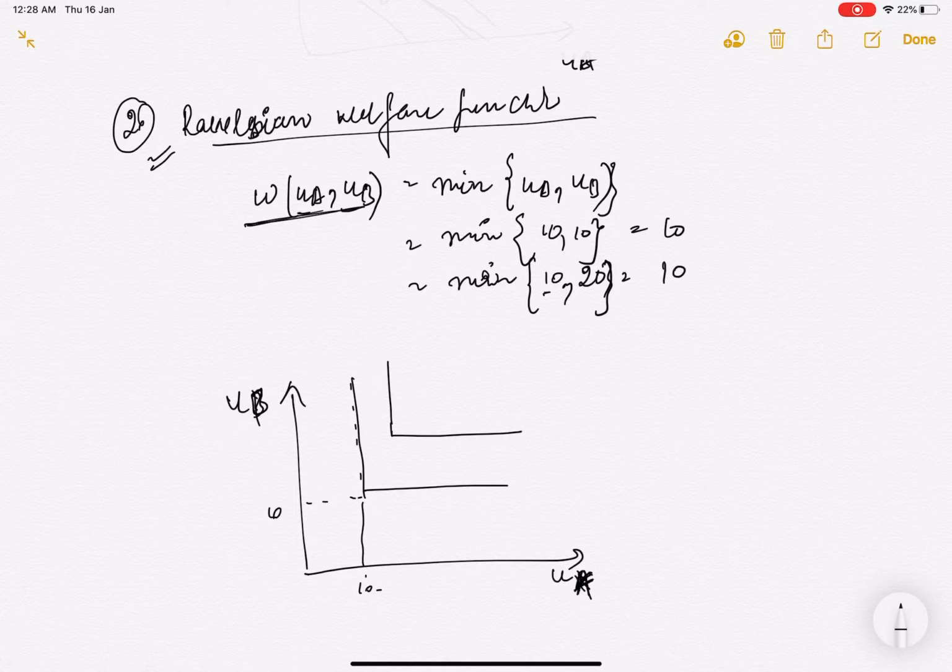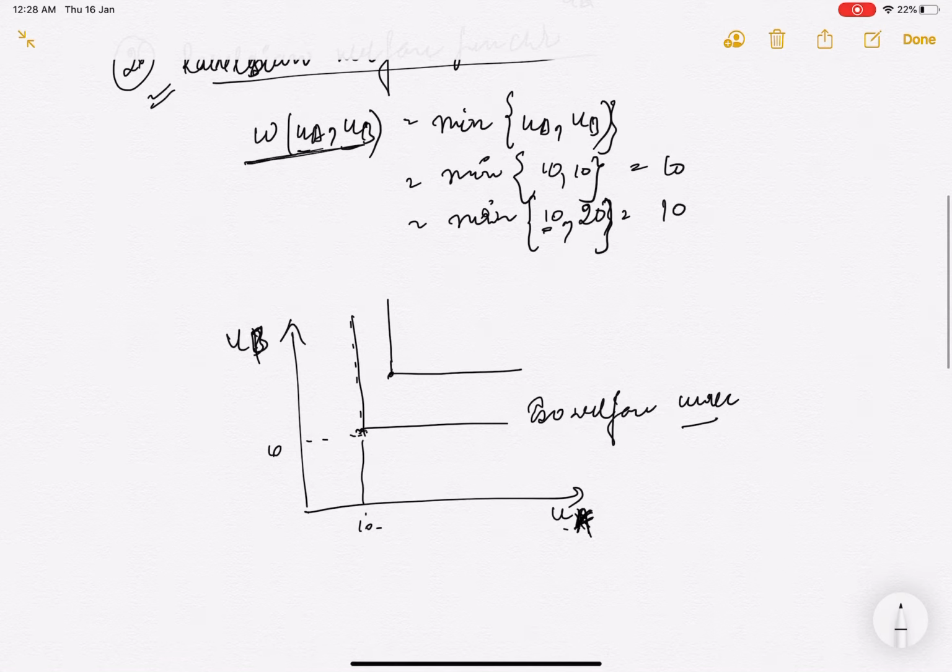If A remains 10 and B is 20, in that case we'll get these L-shaped curves, which is the ISO welfare curve. You can write this: this is the ISO welfare curve. This is the alternative value judgment taken by the Rawlsian welfare function.